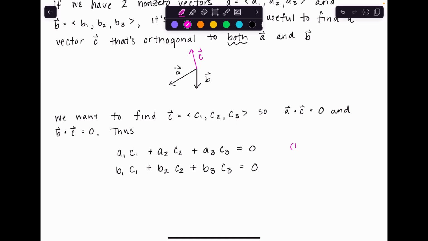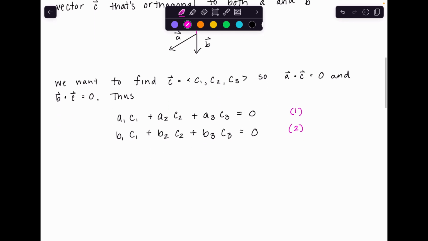I'm going to call the first one equation 1 and the second one equation 2 because I'm going to refer back to them a little bit. This is a system of equations. It's technically two equations with three unknowns. The A's and B's are all given, but C1, C2, C3 are unknown. So technically you do have a ton of solutions.